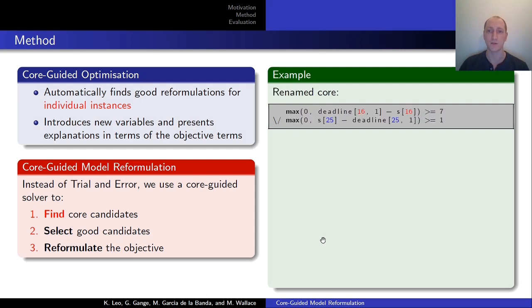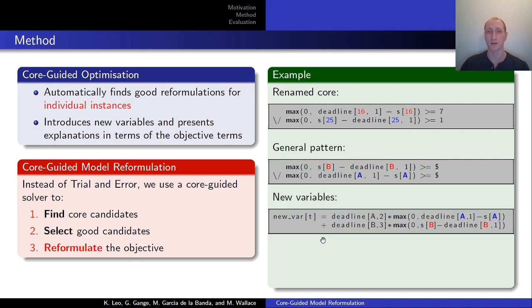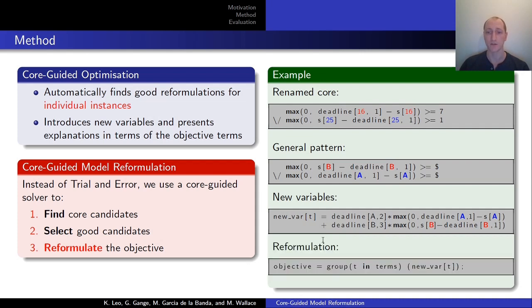We try to figure out where in the model these came from and associate them to some instance data. Then we try to generalize these across several instances. And then we start to modify our model to introduce the new variables and reformulate our objective.